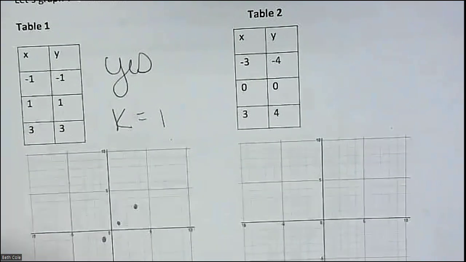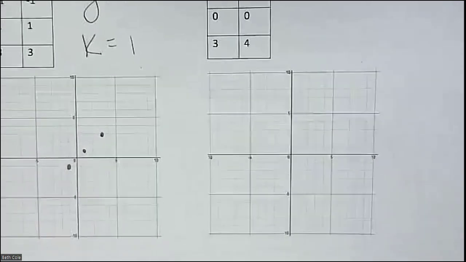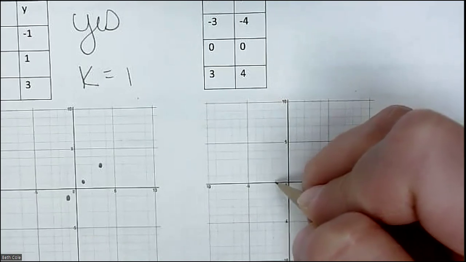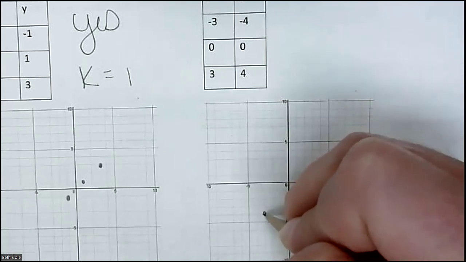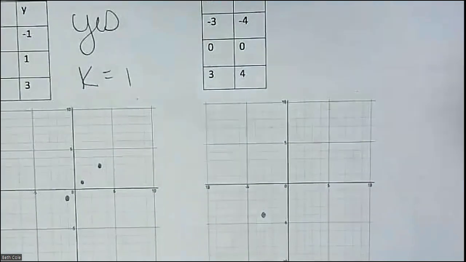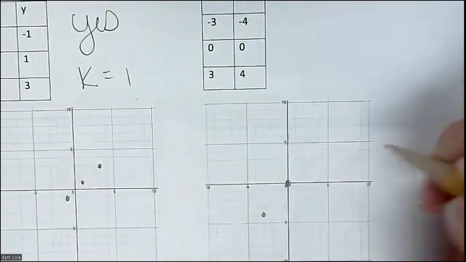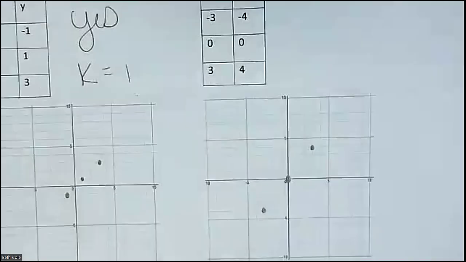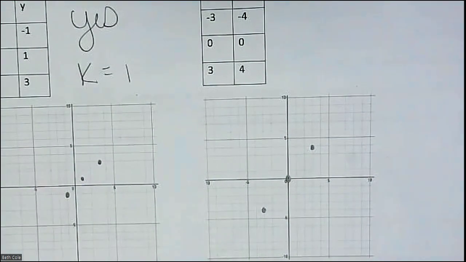All right, let's try it again. -3, -4. So we're going to plot that one. -3, -4, 0, 0, and then 3, 4. If you connected those, would they make a line? Yes.